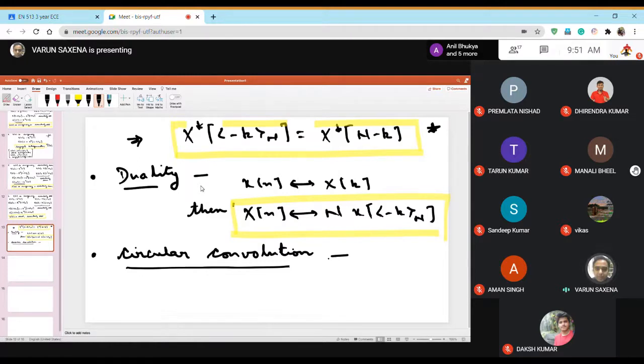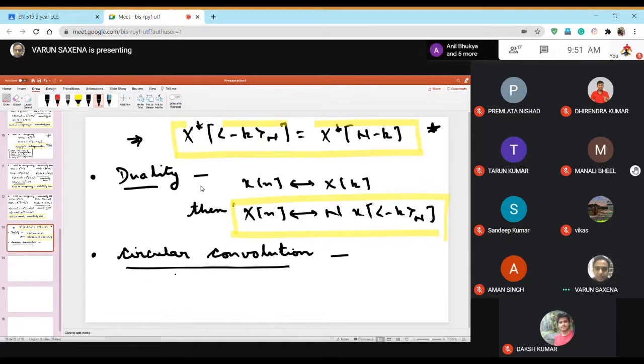Generally you hear the word convolution because the signals are kind of linear, but since in DFT the sequences remain between 0 to capital N minus 1, and that means that their length is capital N, fundamentally the word circular gets added in front of everything. So you can also say this is circular duality.